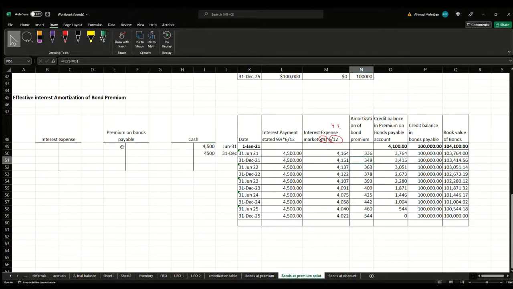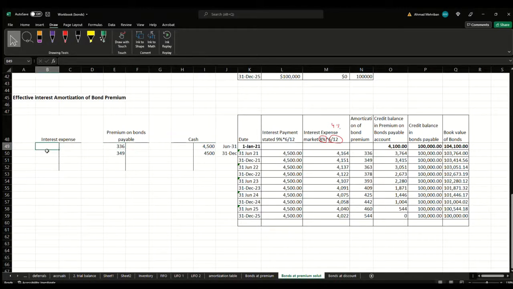It's 336, and then 349 for December. So I'm just doing it to show you that this is semi-annual, and at the end of the first year, you would have two entries for the first and second half of the year. And the interest expense, however, is going to be the difference between this 4,500 and these 336.